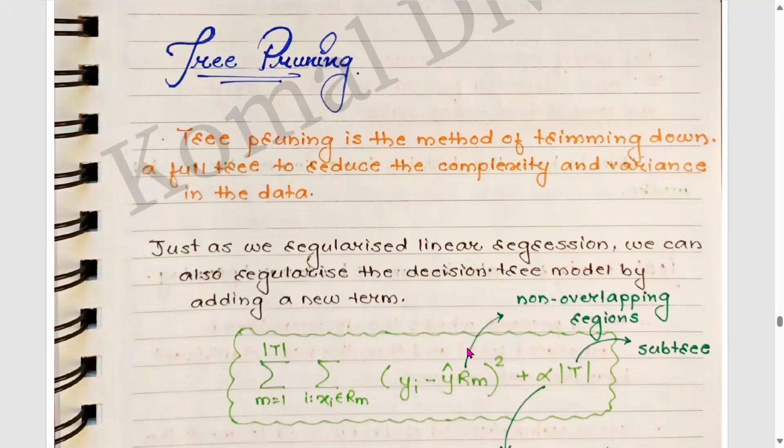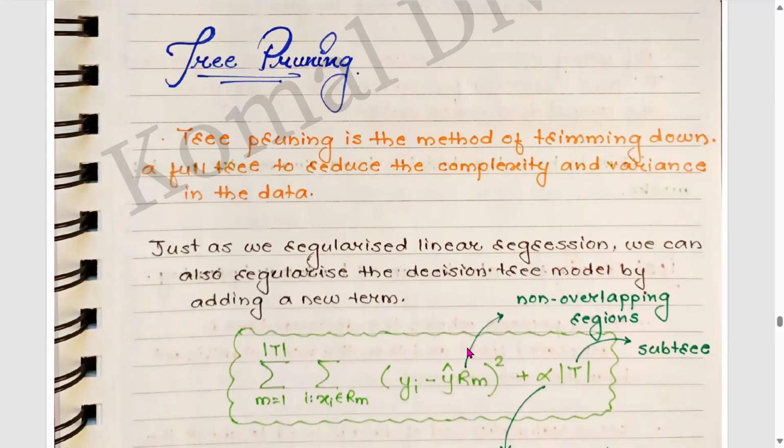Why do we do this? To reduce the complexity and variance in the data. That is the purpose behind tree pruning. Are you getting the meaning of this? This is a very important meaning, and everyone must get it.